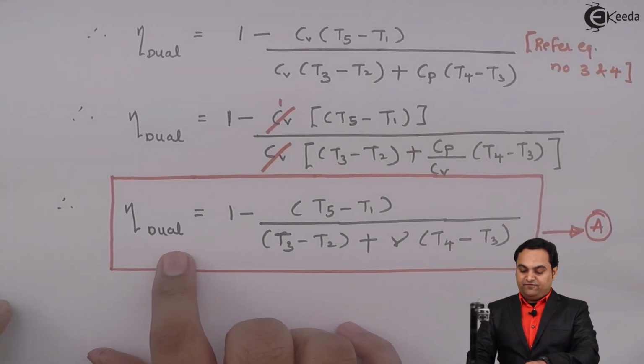Now in equation A, we have the efficiency of the dual cycle.